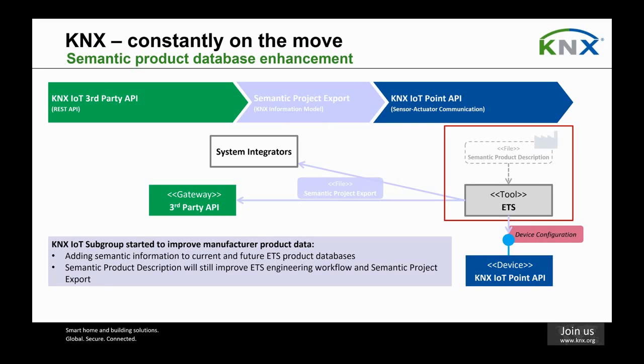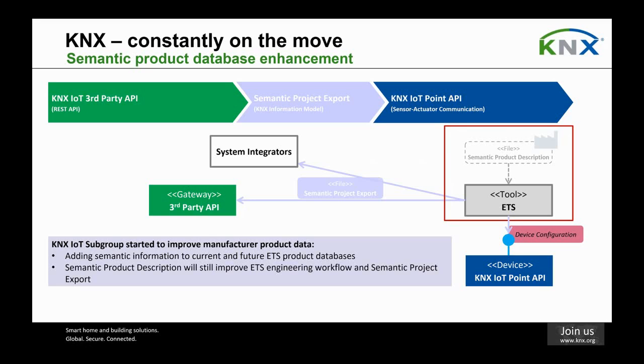We are aware that with KNX and the current product databases we have, some of the semantic data that we want to expose on the third-party API is there. Some other data may still be missing.